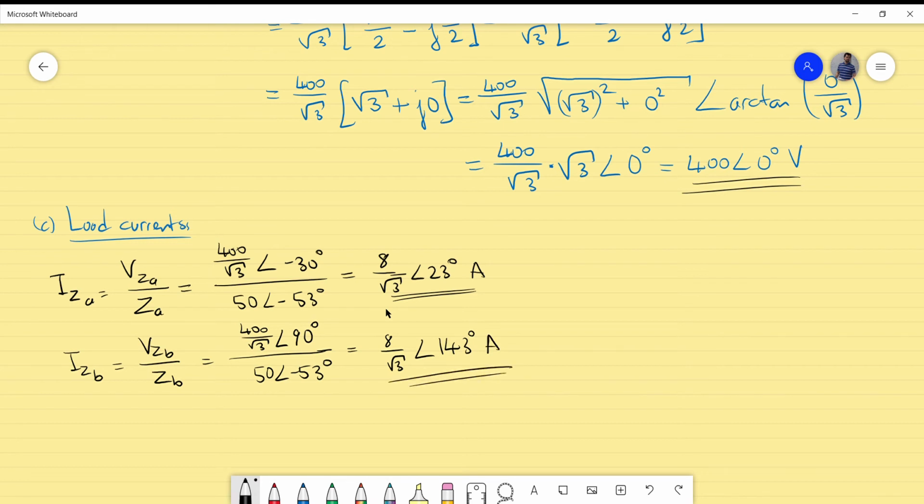I will do the IZ of C here. So IZ of C, which is VZ of C divided by the impedance ZC, which is 400 divided by square root of 3 phase of minus 150, divided by 50 minus 53 degrees, and you will have exactly the same expression for the amplitude, and the phase will be minus 87, and this will of course also be in amperes.